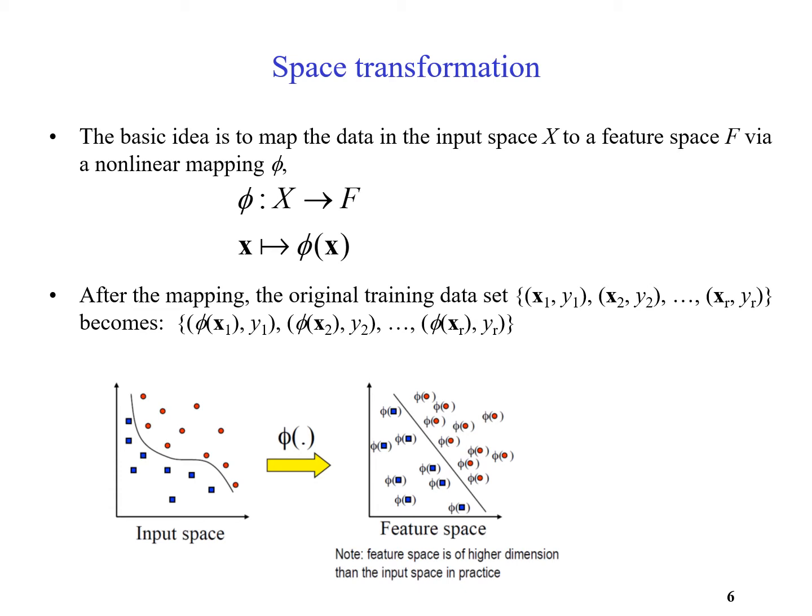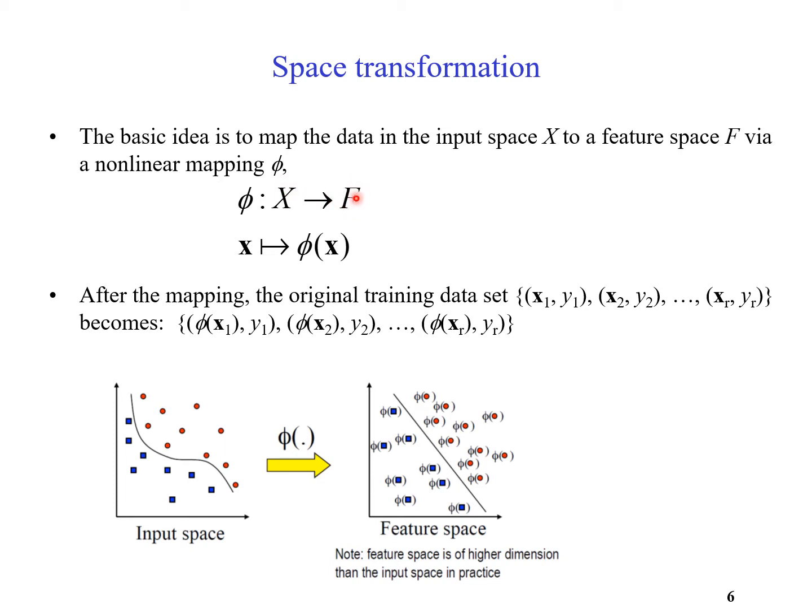So I said nonlinear SVM actually expands the input dimension into a higher dimension, right? So that means we have a mapping from input space X to feature space F. Let's say X is the input space, input dimension. F is the expanded dimension, feature space.